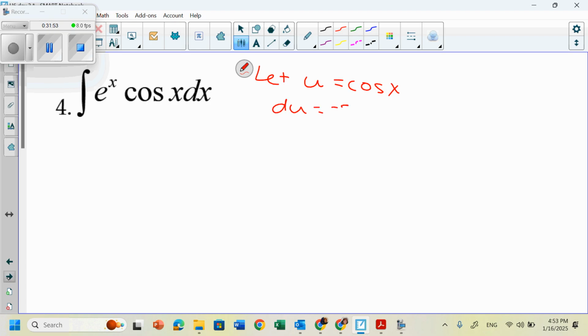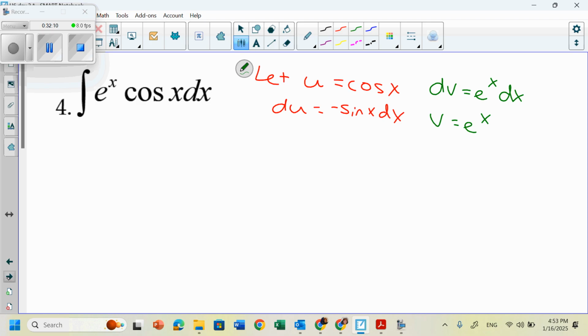Again, they can go either way. I just think it's easier to differentiate than to integrate a trig function, because I'm more used to doing those. So I'm going to differentiate my trig function and integrate my e's.